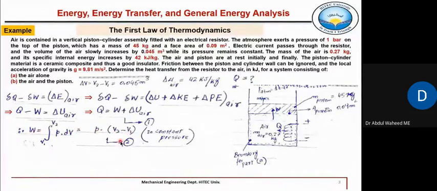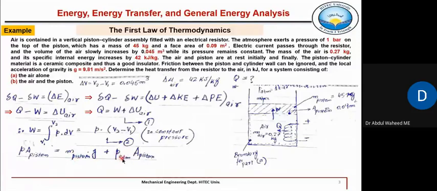Now we need to find out the pressure. So the total pressure, which is acting on this area, right, P into area of piston is equal to, so this is a force, pressure into area becomes force, newton per meter square multiplied by meter square, newtons, is equal to the force due to the mass of the piston acting downwards, M of piston into G, plus the force due to atmospheric pressure.